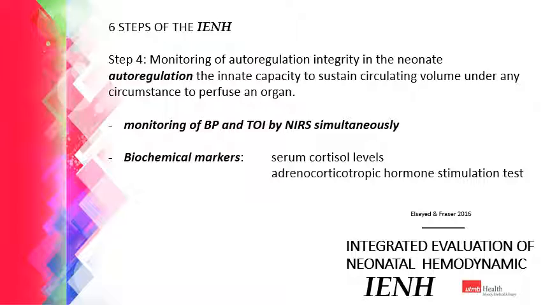Another component of autoregulation are the biochemical markers. Using serum cortisol levels or adrenocorticotropic hormone stimulation test, this will help in diagnosing shock unresponsive to treatment, and it may indicate other conditions such as adrenal crisis, especially those with a low cortisol level.